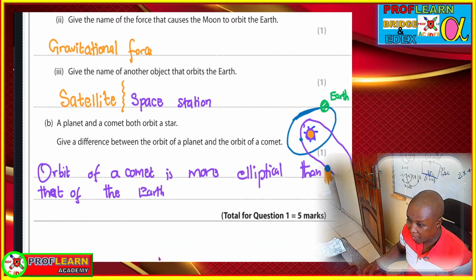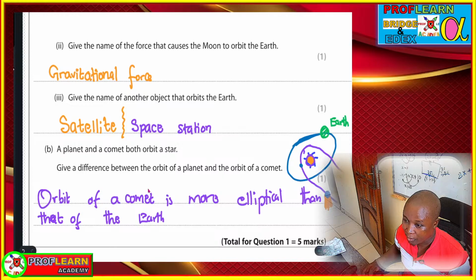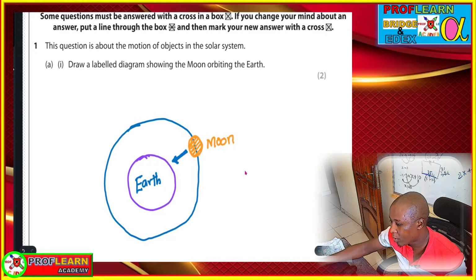So once we have identified the differences between the two, and you can see we have talked about the orbit of the moon, which orbits around the Earth, something else that you need to remember is orbital speed.